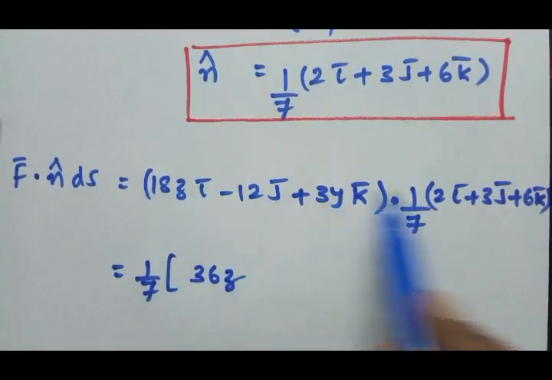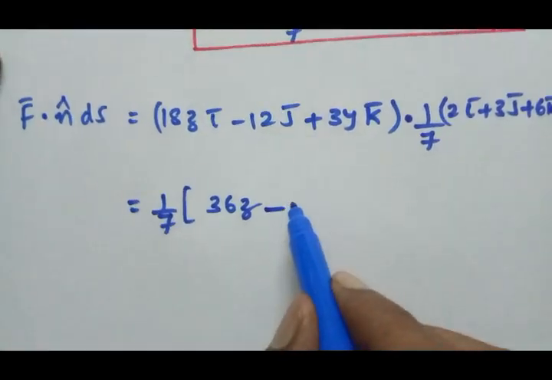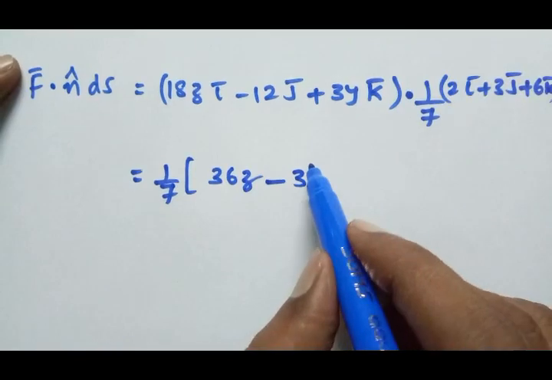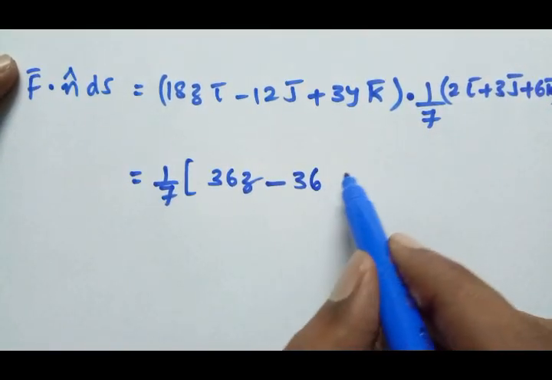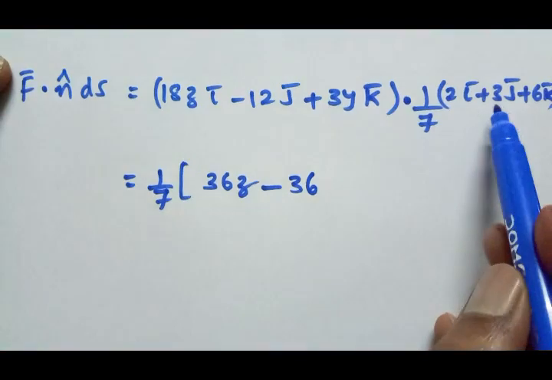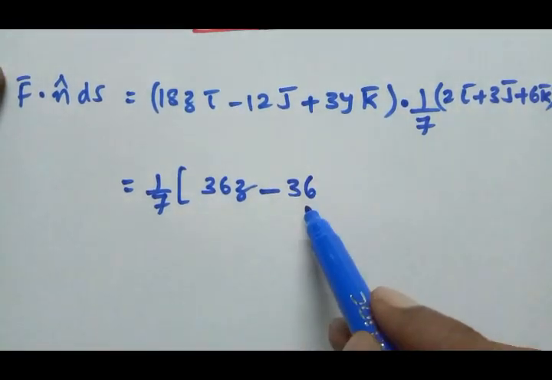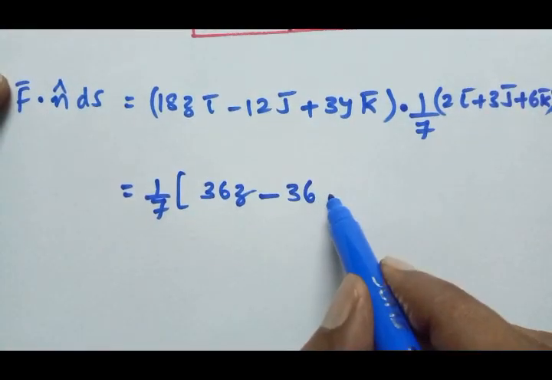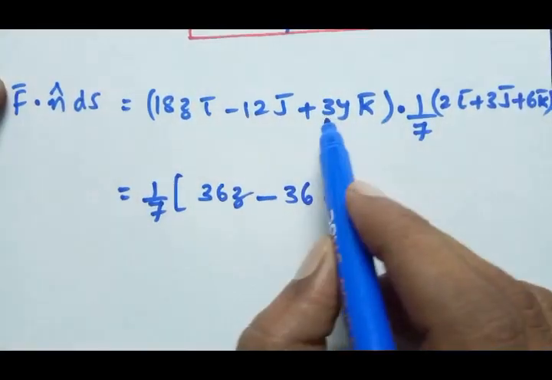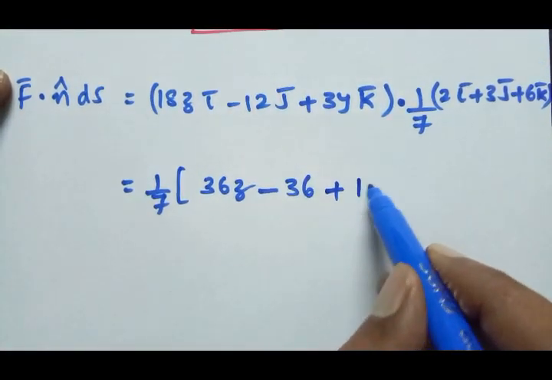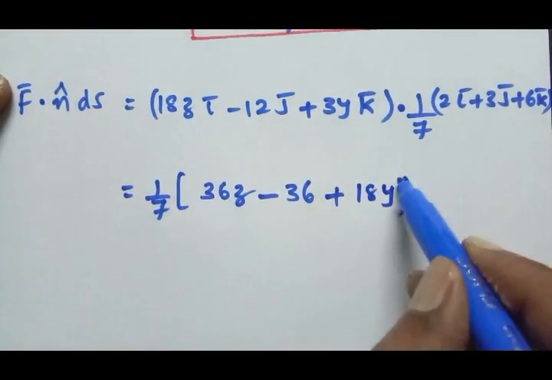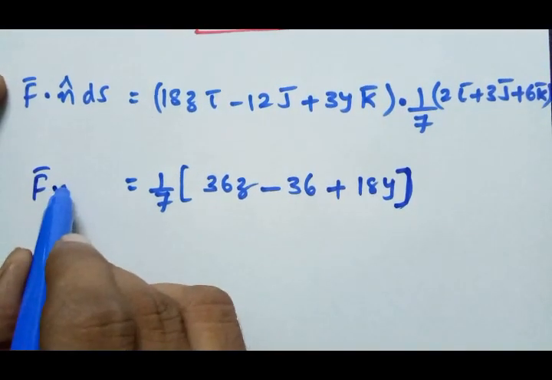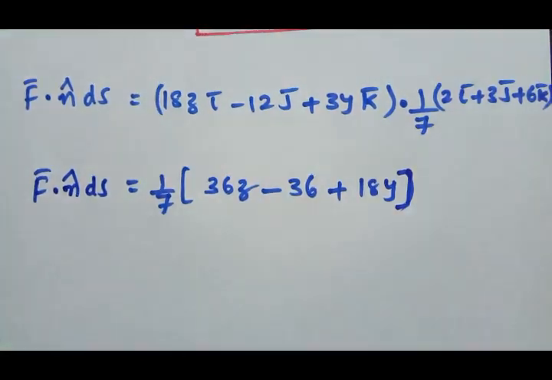Minus 12 into 3, that is 36, as j bar dot j bar is equal to 1, plus as k bar dot k bar is 1, 3y into 6, that is 18y. So therefore this is f bar dot n cap ds.